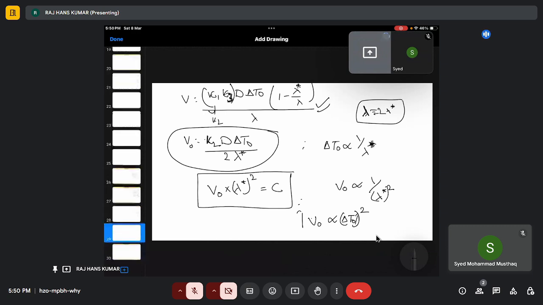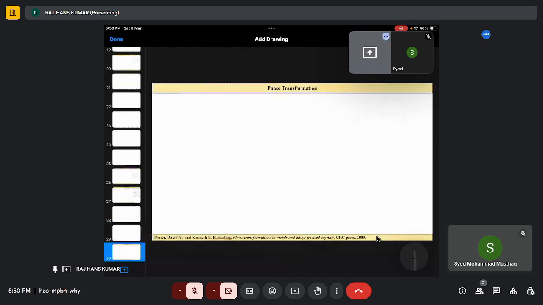Now, finally coming to the phase transformation part. We have seen there are different types of phase transformations. We have seen the solid to liquid type, which is melting, and from liquid to solid we have seen as solidification.